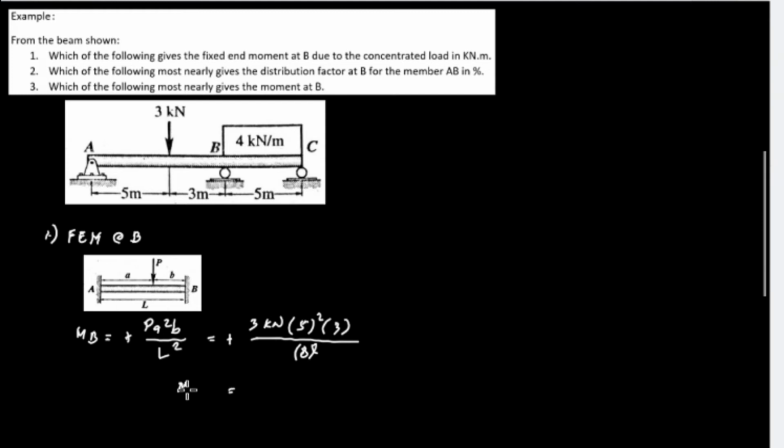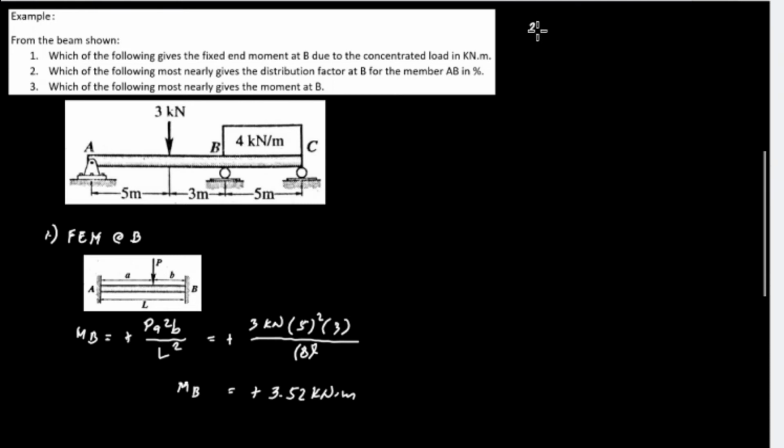The fixed end moment at B is equal to plus 3 times 5 squared times 3 all over 8 squared. The value is equivalent to plus 3.52 kilonewton meter. So this is the fixed end moment at B based on the concentrated load of 3 kilonewton.